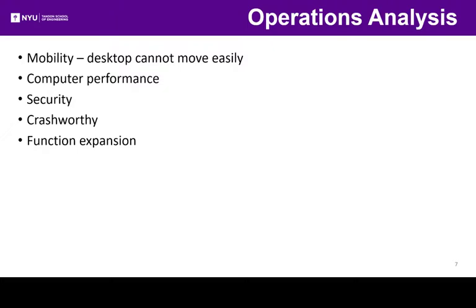So we need mobility, and performance is also the main problem of the computer, because if you need it movable, you need it to be not too big and heavy, and not too small, and this scale of the machine makes the machine not so powerful.